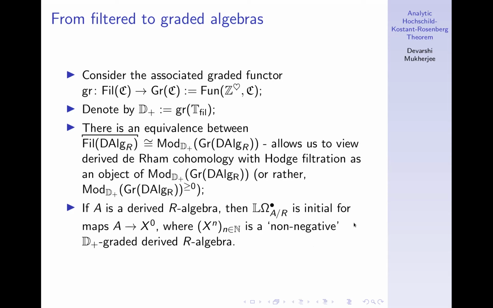So again, this non-negative comes from the fact that everything that's going on has no negative homotopy. Okay, so again, the model is that you have the Hochschild side and the de Rham side, and they're both initial in the respective categories.